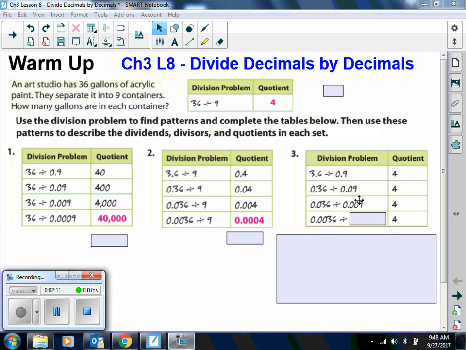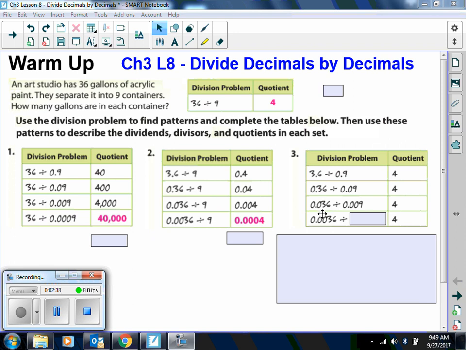Now, look at example number 3. Here, we're moving the decimal to the left on both the dividend and the divisor. So here we have 3 and 6 tenths divided by 9 tenths. That gives me 4. 36 hundredths divided by 9 hundredths gives me 4.